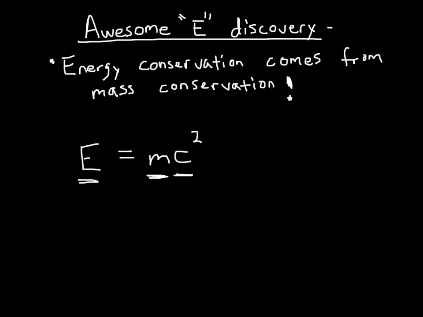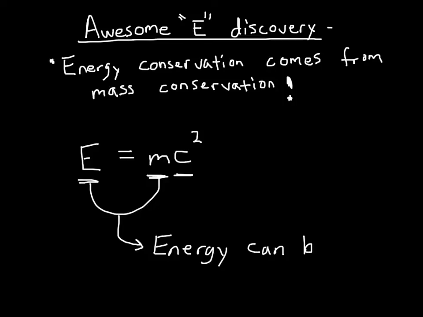And what this tells us today is that energy can be converted to mass, and mass can be converted into energy. It's this principle that allows our nuclear reactors to work.